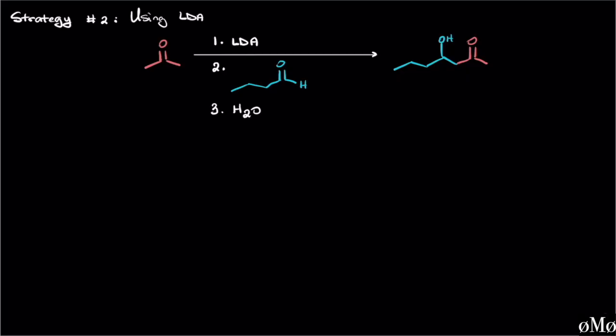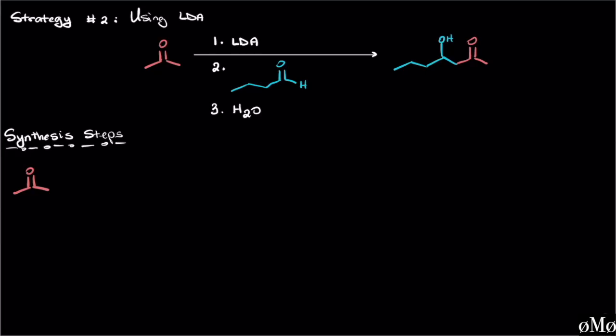When you're done with that step, then you treat your product with another aldehyde. You react that all the way, and then you add water. So you're basically separating out your mechanistic steps into three distinct syntheses if you're really thinking about this.